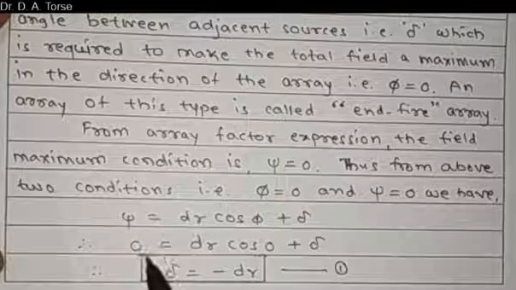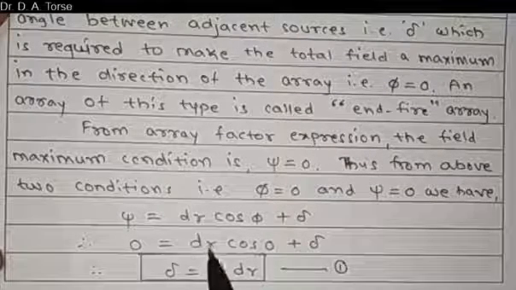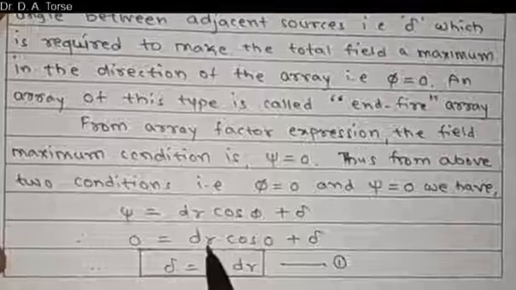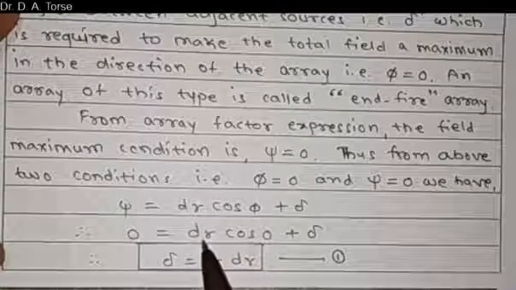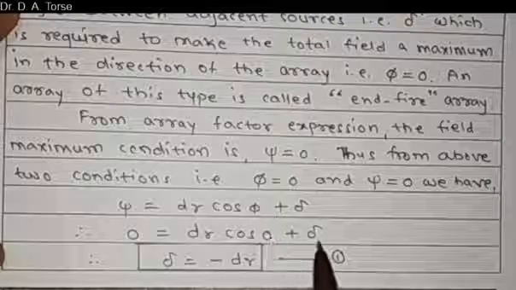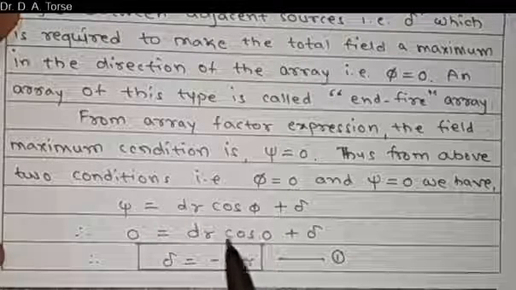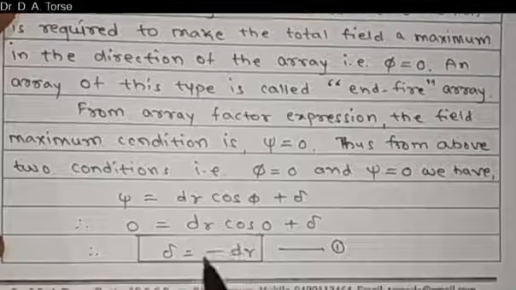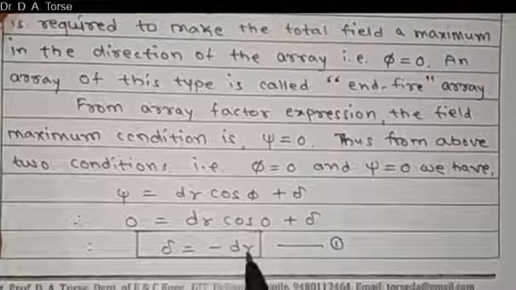So the equation modifies to 0 equals dr cos 0 plus delta. Cos 0 is 1, so we get 0 equals dr plus delta, which makes delta equal to minus dr.